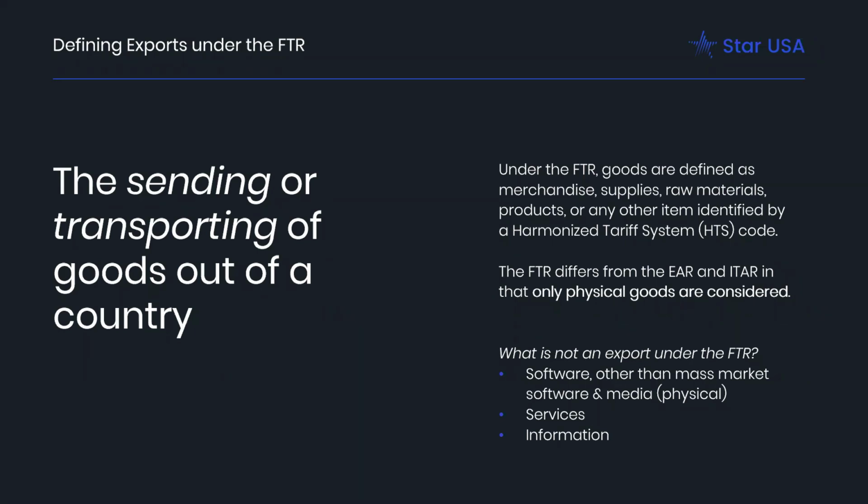If it can be classified under the HTS, and it's being exported, that counts under the foreign trade regulations. This definition differs from the definitions under the Export Administration Regulations or the International Traffic in Arms Regulations, which consider more than just physical goods. The FTR is only about physical goods.